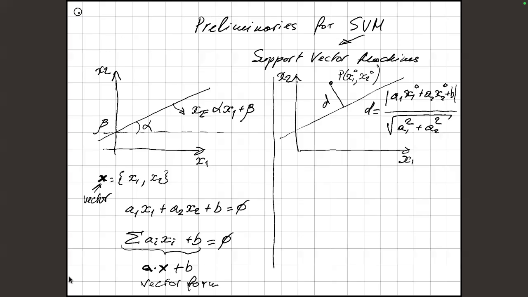And this, by the way, if you now connect it to vector form, is the L2 norm of vector A.